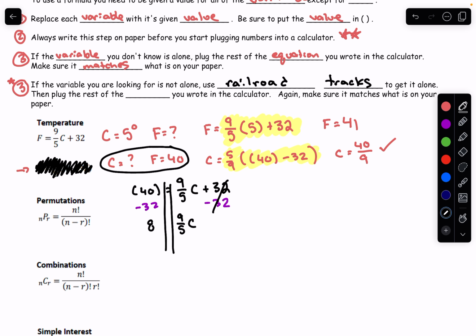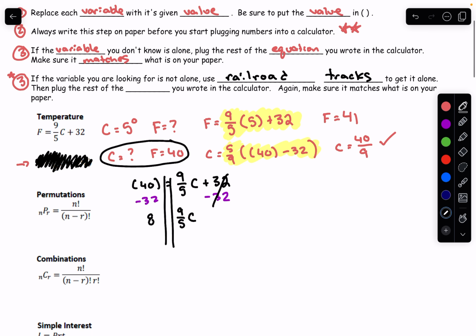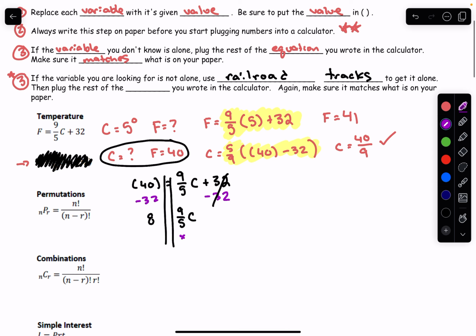Now, you learned, and again, maybe forgot, that when you're multiplying by a fraction, the opposite of multiplying by a fraction is to multiply by its reciprocal. You flip it over and multiply both sides, so that makes this one go away. On the left, 8 times 5/9 becomes 40/9, and on the right, I'm left with C.